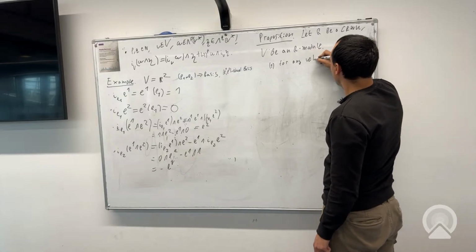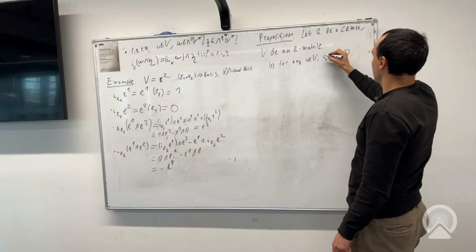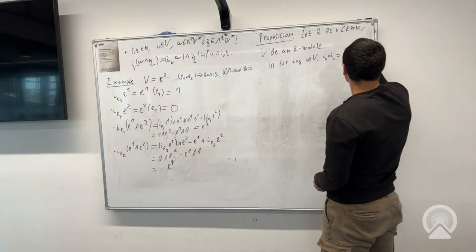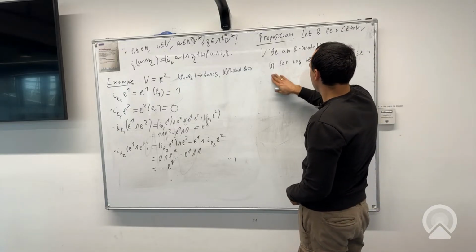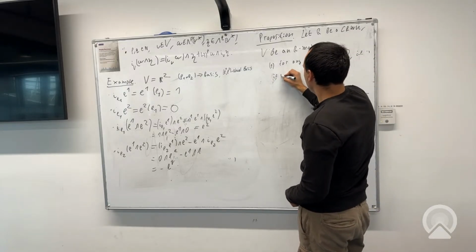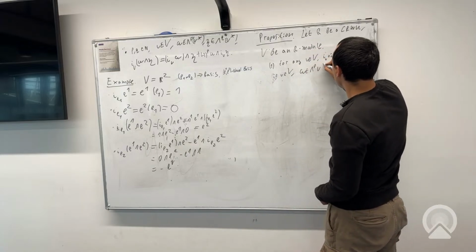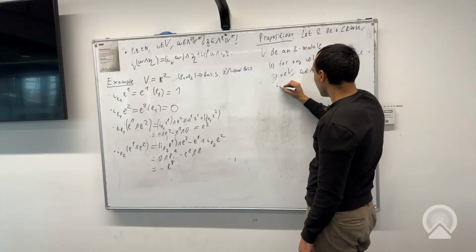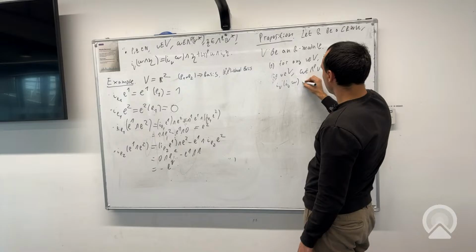So consider an R module, R a commutative ring with unity, V an R module. Then we have two things. First, for any v in V, i_v composed with i_v is 0, which means that if v is in V and omega is in Lambda of V star, then i_v of i_v of omega is 0.